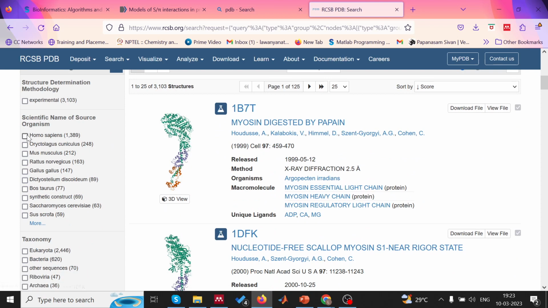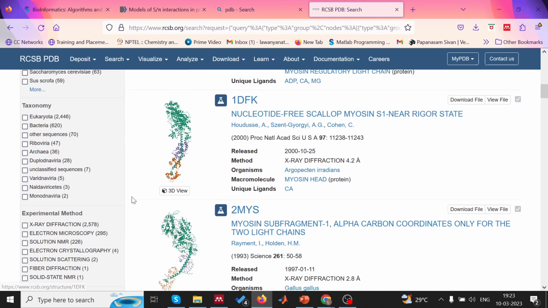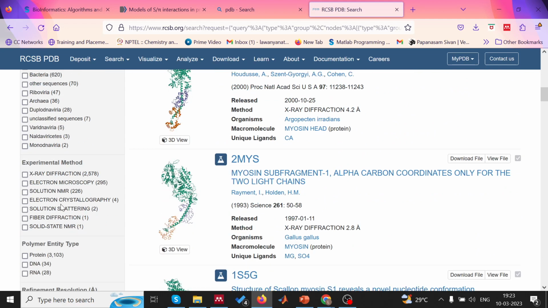So now, if I were to give Homo sapiens, and I'm not going to go into eukaryote type of, and let's choose, okay, let's see electron microscopy, right? For X-ray diffraction, it goes as low as 1.5 to 3 angstrom, I think, and NMR will give you a little above that only, which means it's not as sharp.